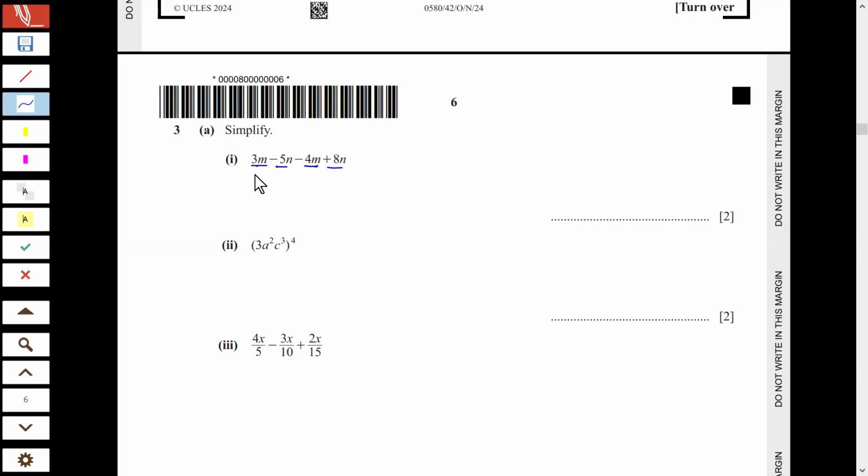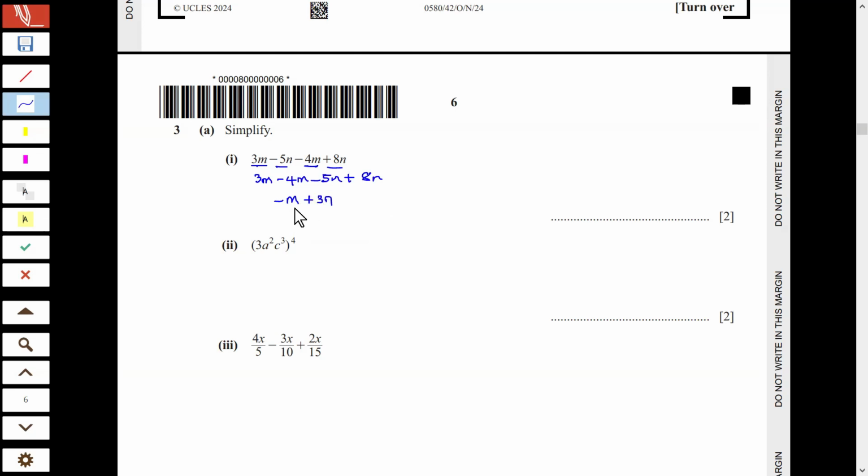So we can rewrite this as 3m minus 4m minus 5n plus 8n. So 3m minus 4m gives us negative m, and negative 5n plus 8n is going to give us a positive 3n.